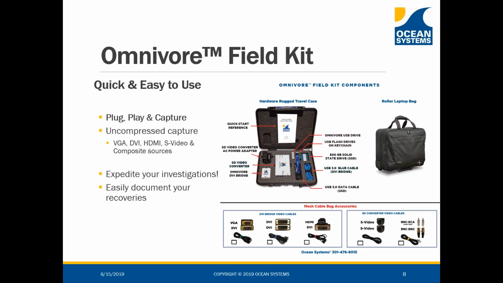But the next release of the field kit viewer software will actually, rather than screen capturing the signal sent across that VGA, DVI, HDMI, S-video composite, if it's a digital source, simply store that data directly to file. So that would be a raw stream of the video output. Now understand, that's the video output, not a raw stream from the original file. So again, multiple steps in the process.